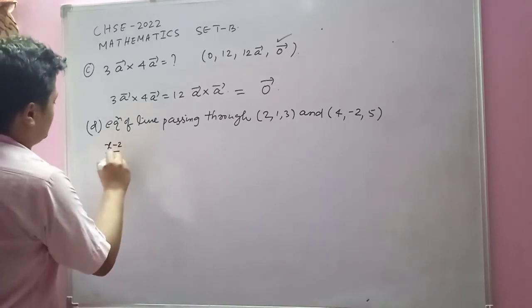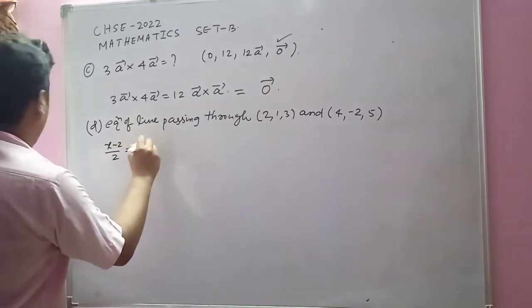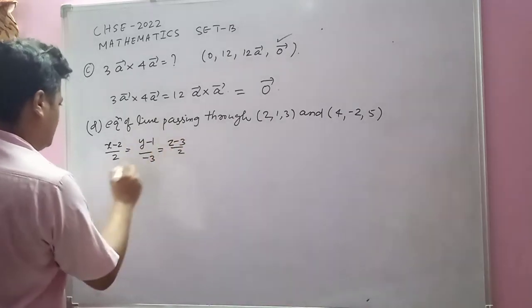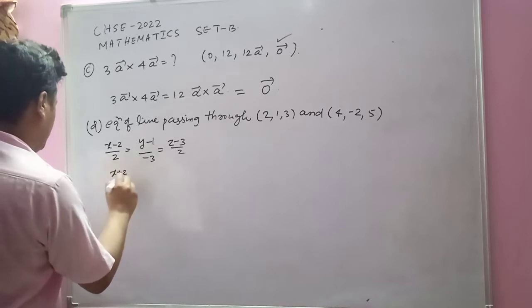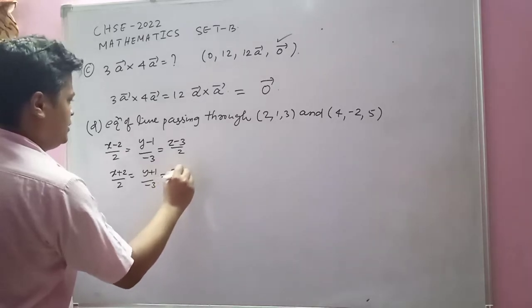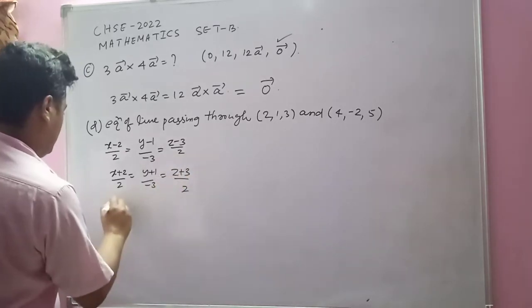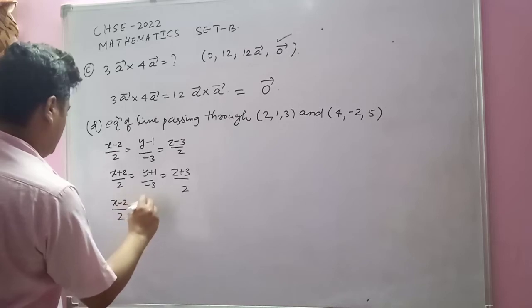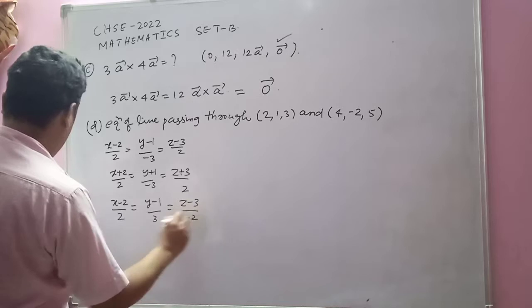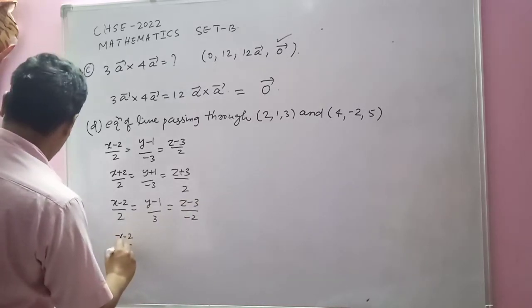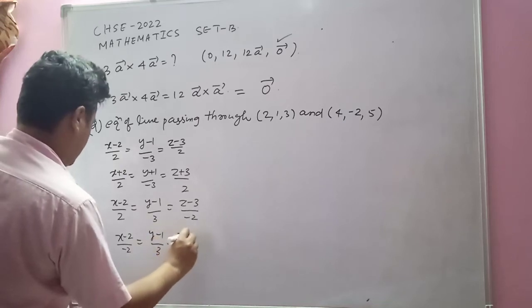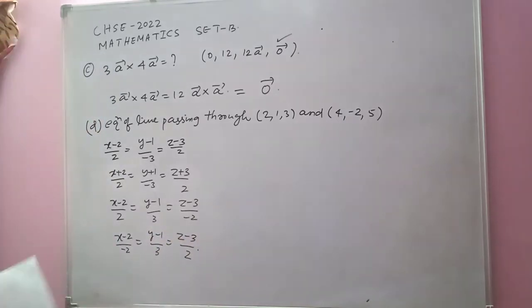Options given: x minus 2 by 2, y minus 1 by minus 3, z minus 3 by 2; x plus 2 by 2, y plus 1 by minus 3, z plus 3 by 2; x minus 2 by 2, y minus 1 by 3, z minus 3 by minus 2; x minus 2 by minus 2, y minus 1 by 3, z minus 3 by 2.